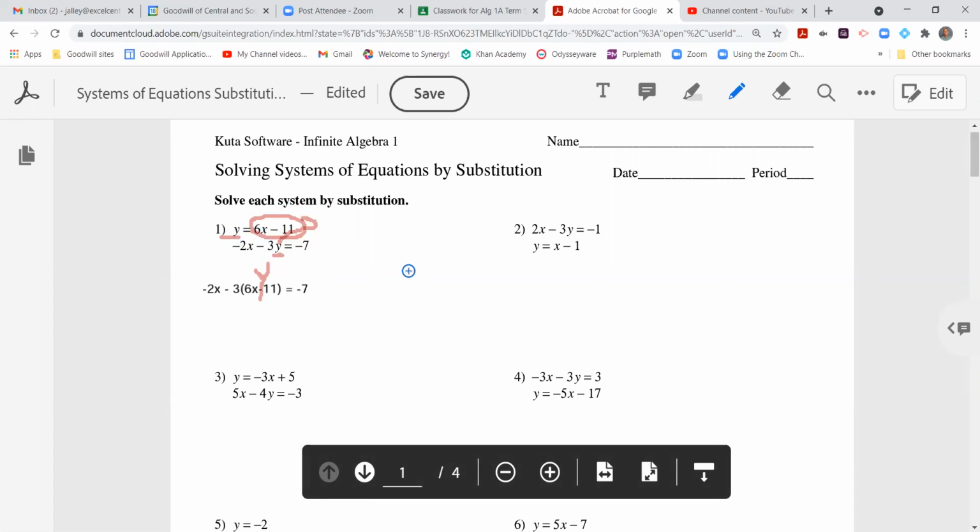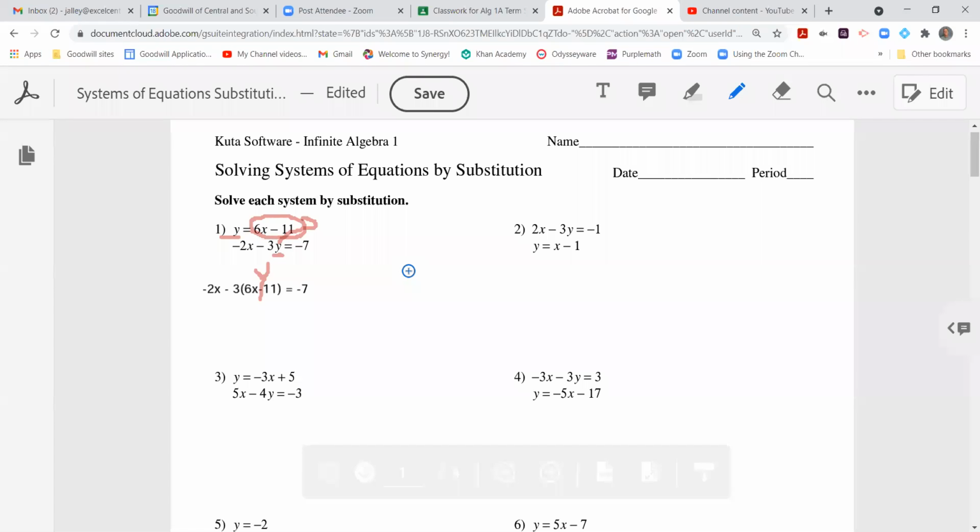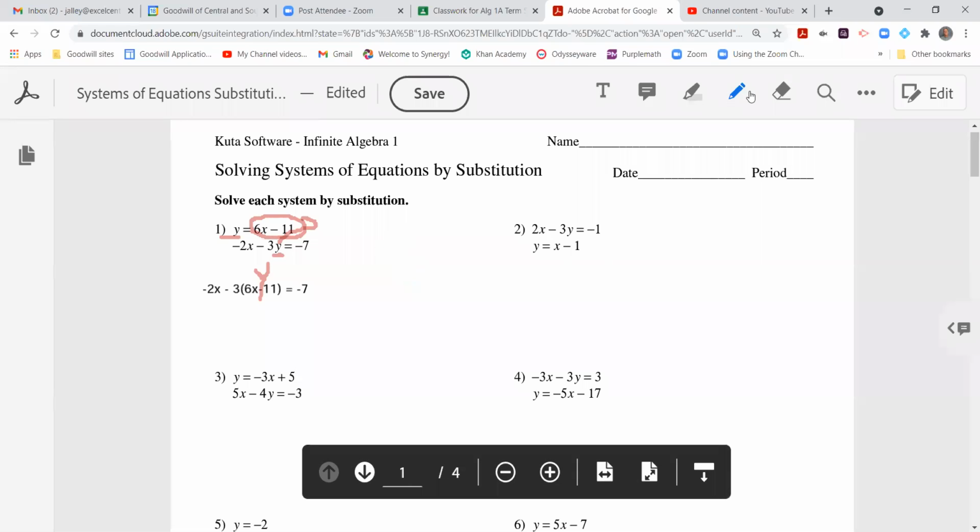So wherever else I see y, I can replace it. If it said y equals 5, any place else in a systems problem that I see y, I could replace it with 5. But in this case, it says y equals 6x minus 11. And the reason I say it's messy is because now we got this other longer looking equation that's now got distributive property.